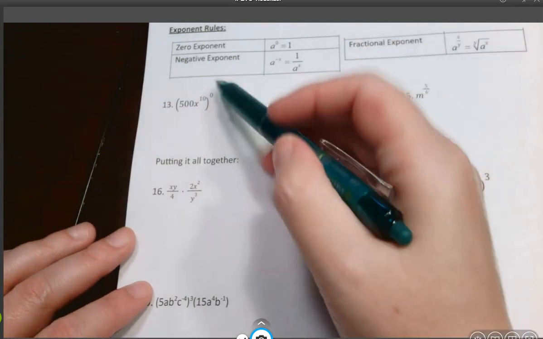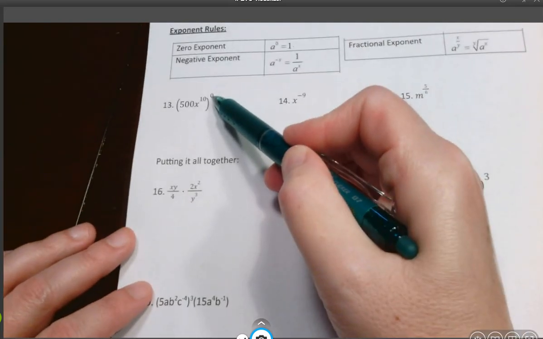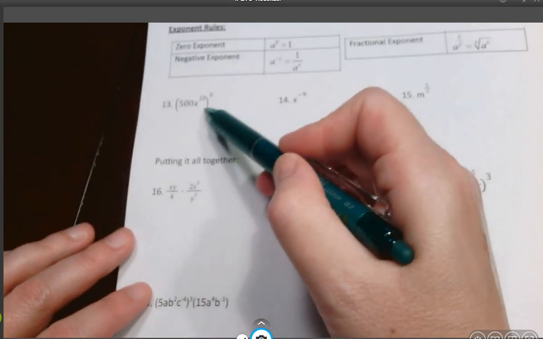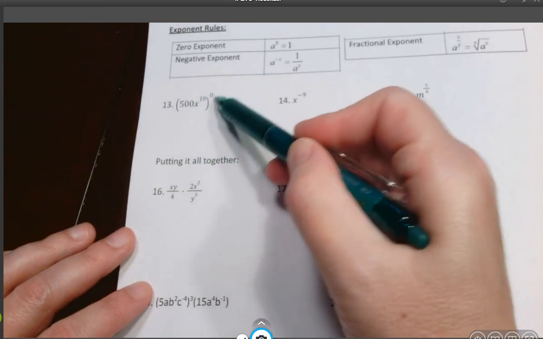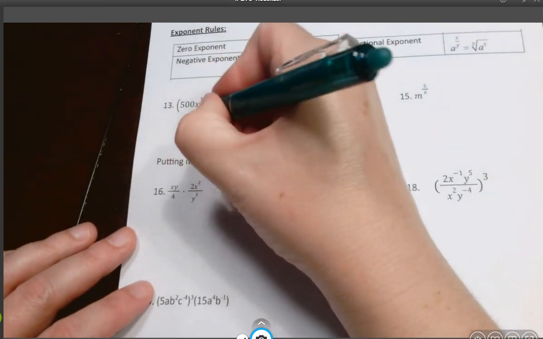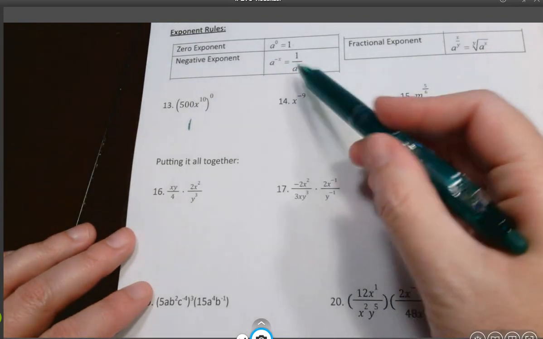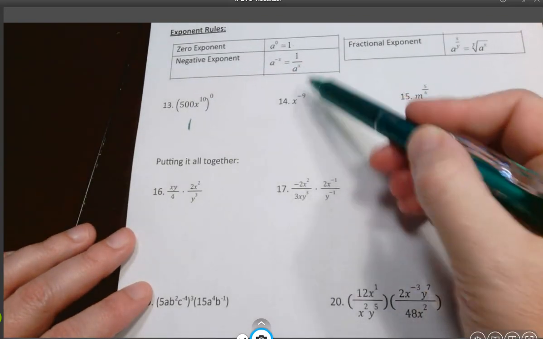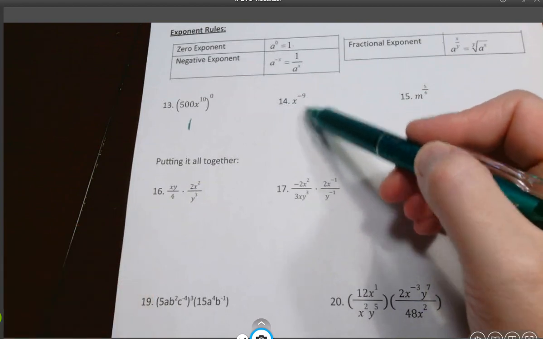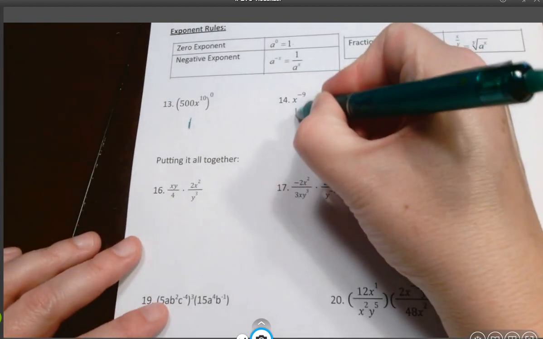All right, so here the 0 is on the outside, so that means that anything in here raised to the 0 power gives me an answer of 1. This negative exponent here is going to go to the denominator and become a positive exponent.